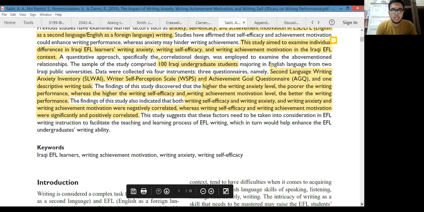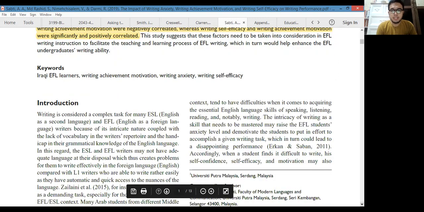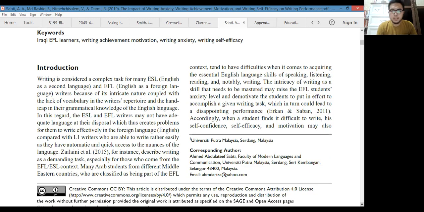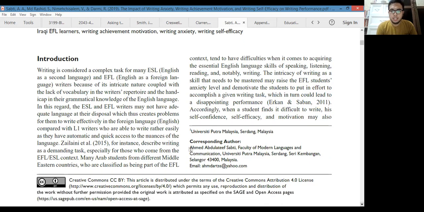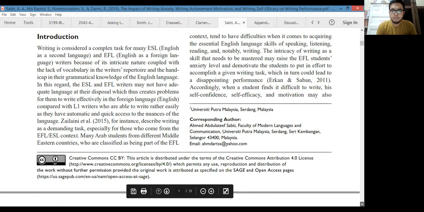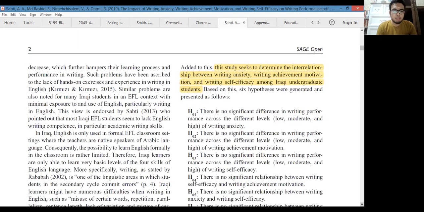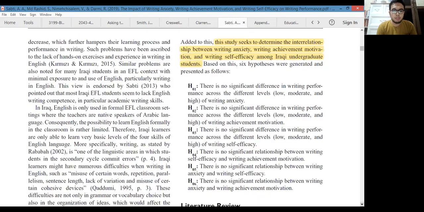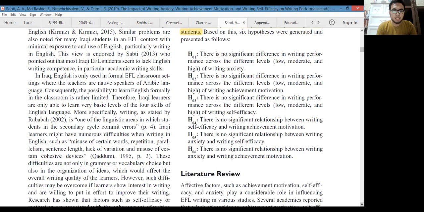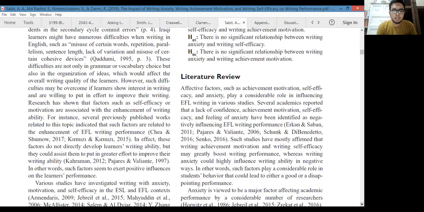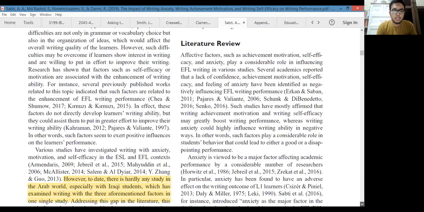Let us discuss it more deeply. In the introduction, the author starts by discussing writing, and they use empirical reasons, stating several previous studies about writing.